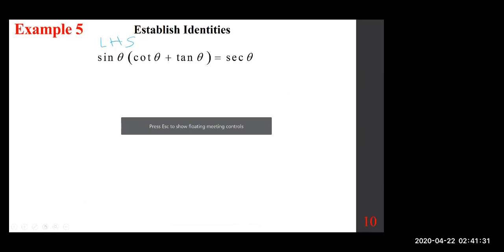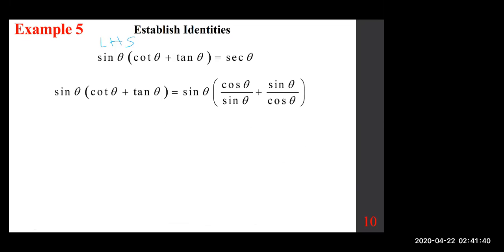All right, so the left side, we are going to replace the cotangent with cosine over sine and tangent with sine over cosine. Okay.